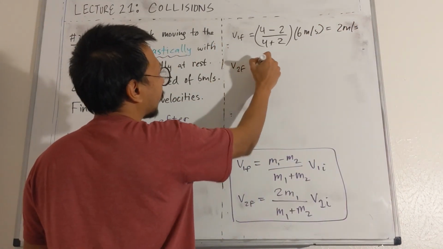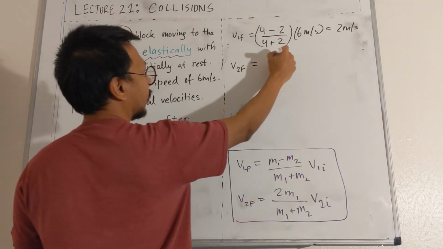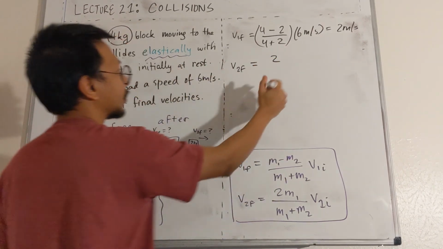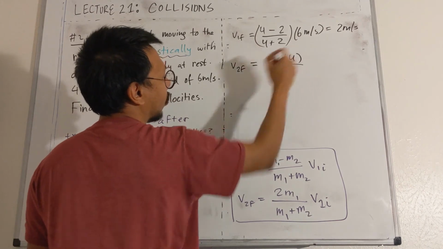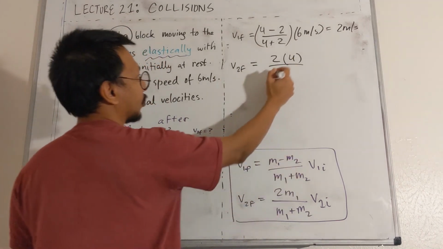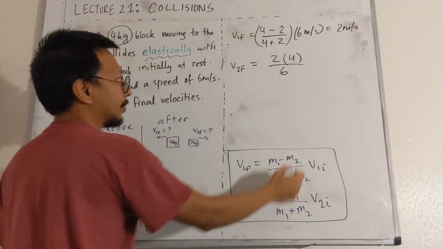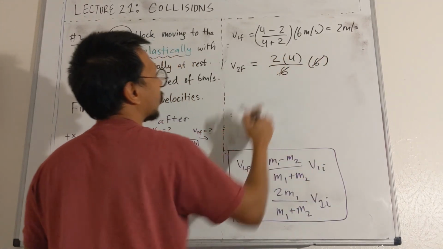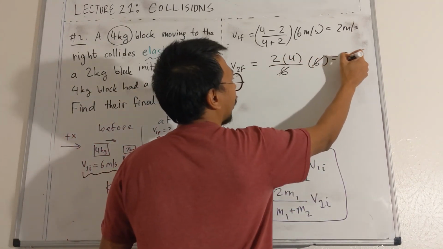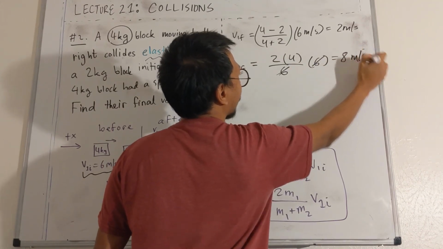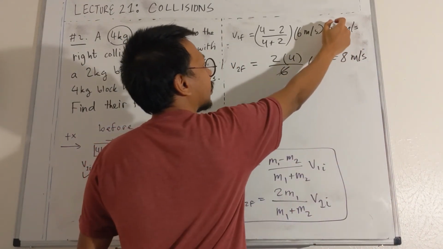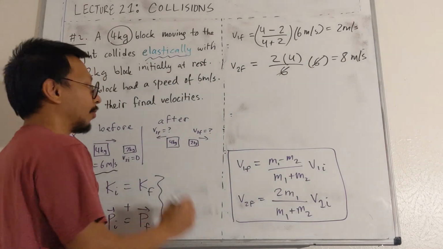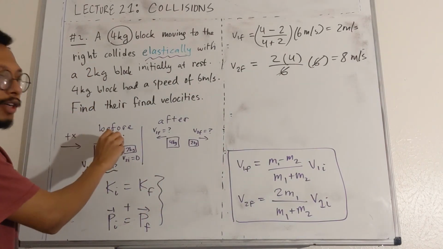v2f is 2 times m1. m1 was 4 kilograms. 2 times 4 over m1 plus m2, which is 6, times v1i, which is again 6. The 6 go away, and I'm left with 4 meters per second. Look at the signs, both are positive, meaning both were moving in the positive x direction.